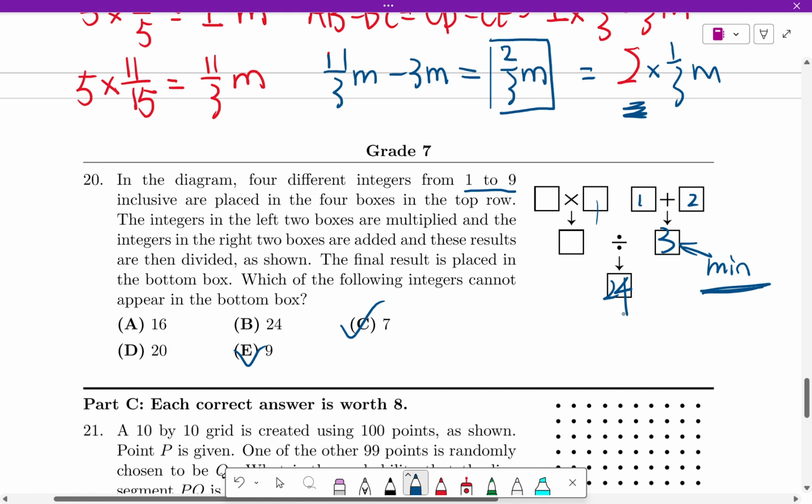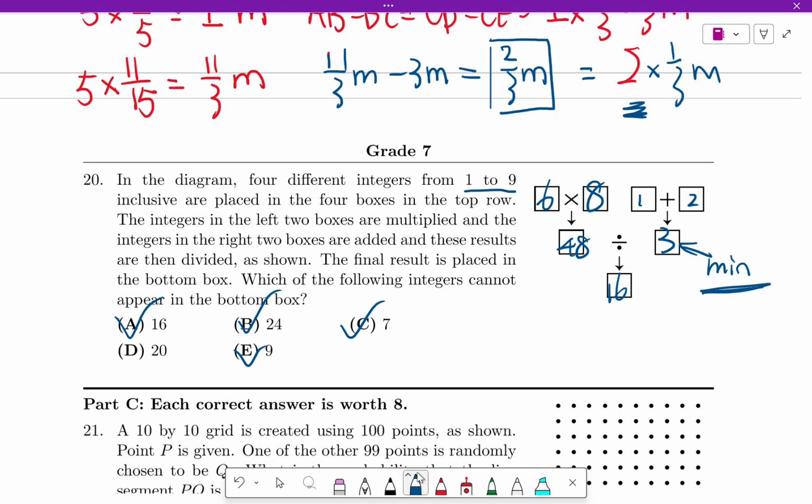If we have 24 here, times 3 will give us 72, and we can fill out these 2 boxes with 8 and 9. So 24 also works. Next, let's try option A, 16. If we put 16 here, we will have 48 here, and we can do 6 times 8, which is equal to 48.